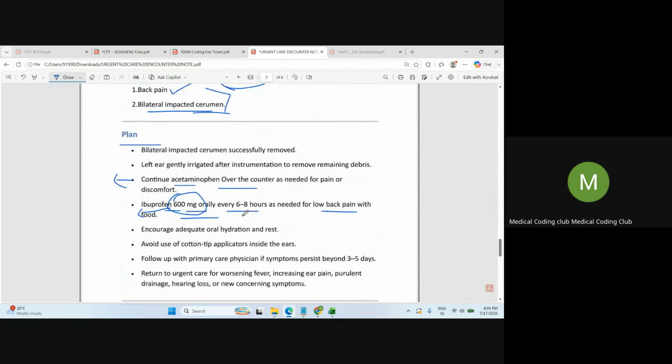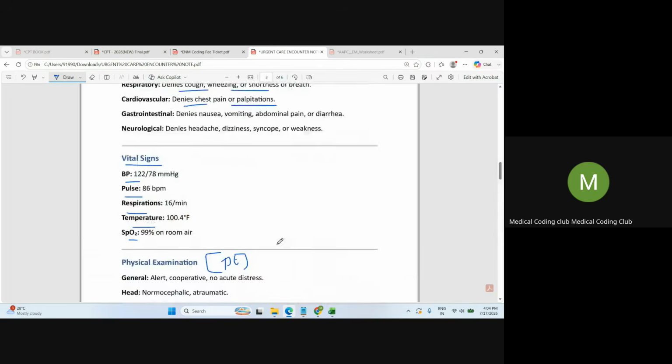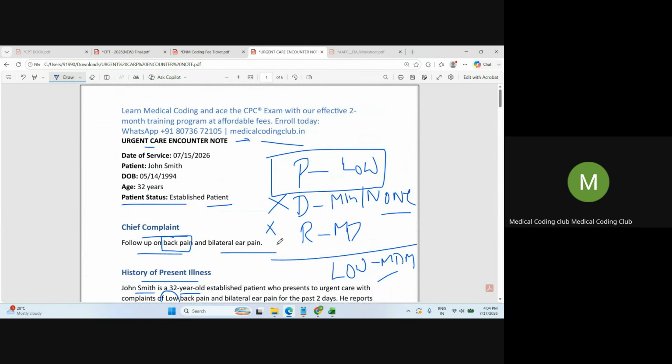Always try to code specific codes, even though a doctor is choosing unspecified codes. If you have documentation, like how we had low back pain, you can look for that kind of specificity in your record. I hope you got some idea on how to code an E/M visit in real time.